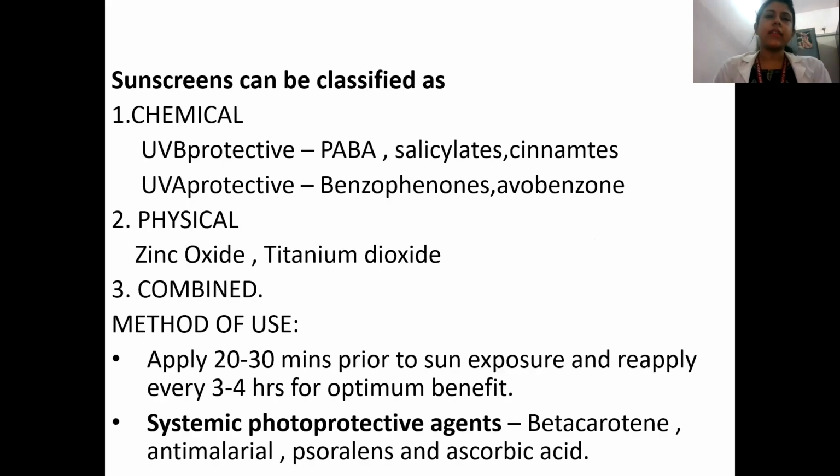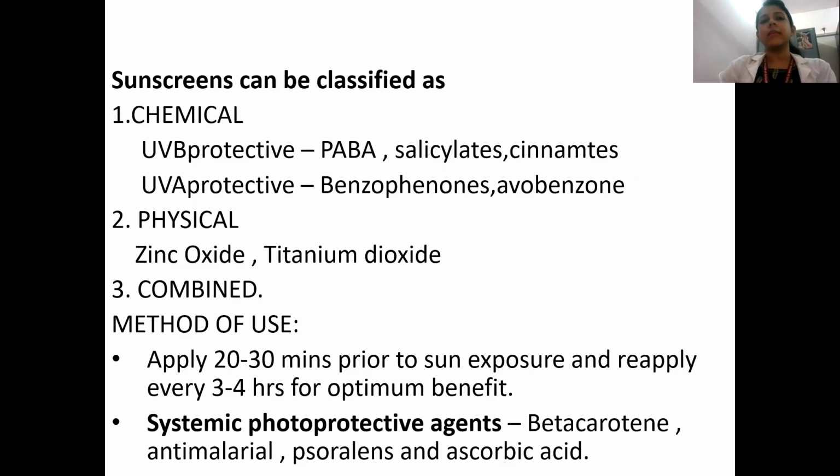Different sunscreens have different protection, like UVB protection, UVA protection. Chemical absorbs UV rays. Physical just reflects UV rays. Whatever be the type of sunscreen used, the main thing is how to apply it. Apply 30 minutes prior to exposure and reapply every 3 or 4 hours.